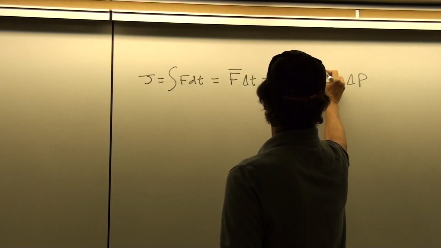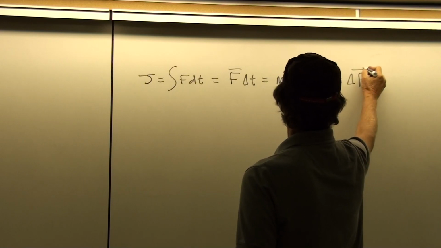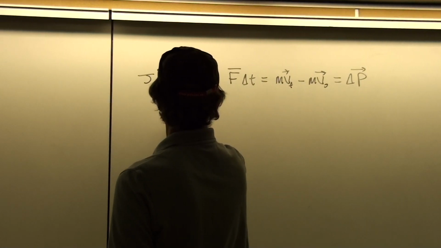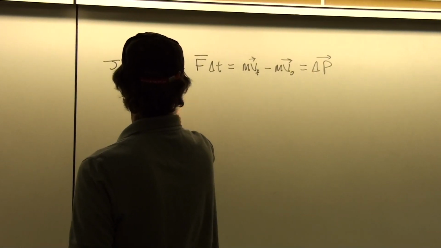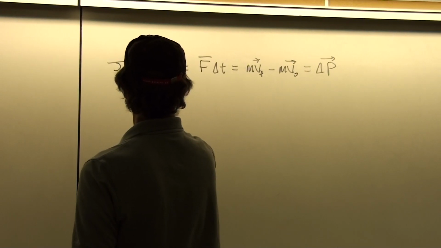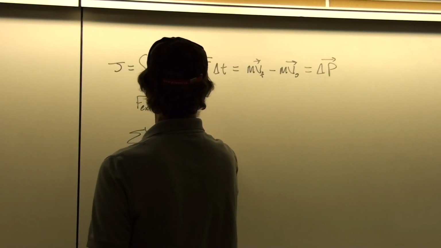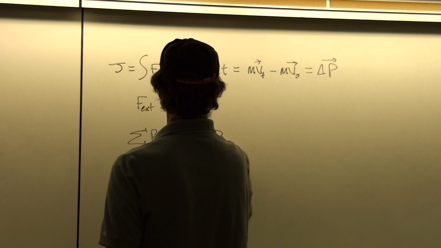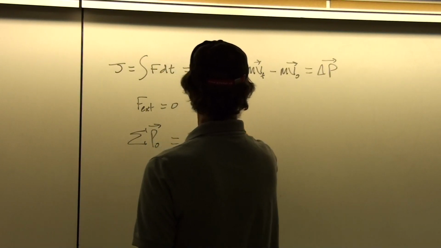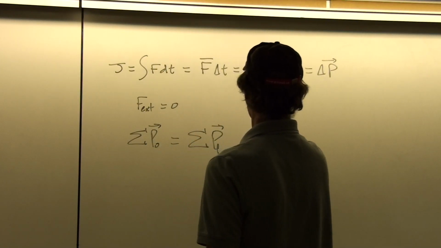Now, in the special case where the F external is equal to 0, we have the sum of the initial momentum equals the sum of the final momentum. And this is a vector sum called conservation of momentum.